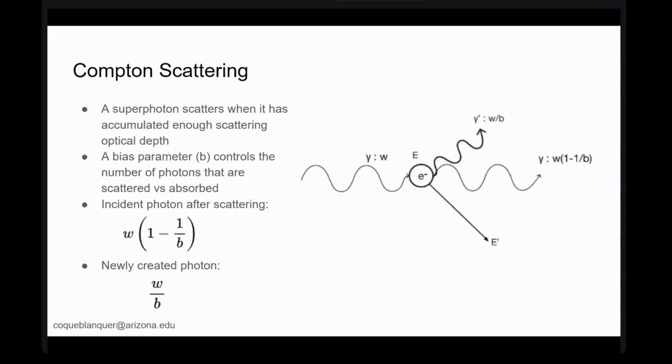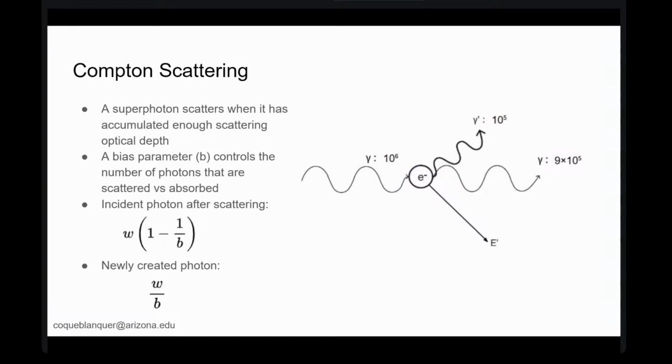So how does the code deal with Compton scattering? When a superphoton encounters an electron, two things will happen. Part of the superphoton will go by undeflected, and some of it will interact with the electron. How we measure how many of the photons inside the superphoton will interact is using a very important parameter called the bias.